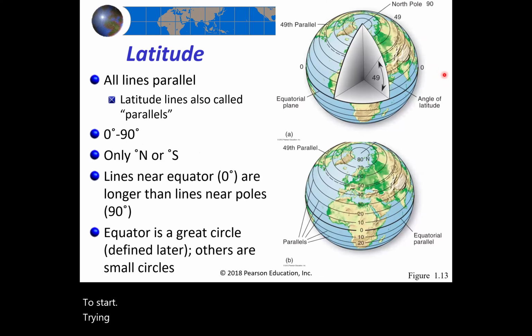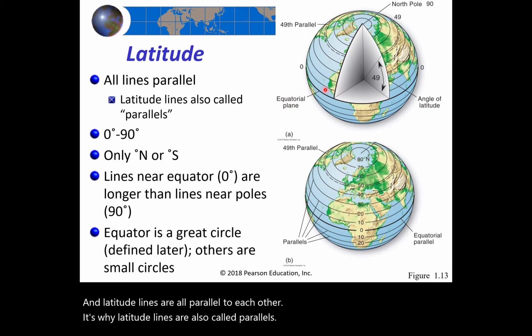Okay. To start, we're looking at latitude lines. And latitude lines are all parallel to each other. It's why latitude lines are also called parallels. We label the lines starting at 0, which is the equator. The equator is a latitude line.